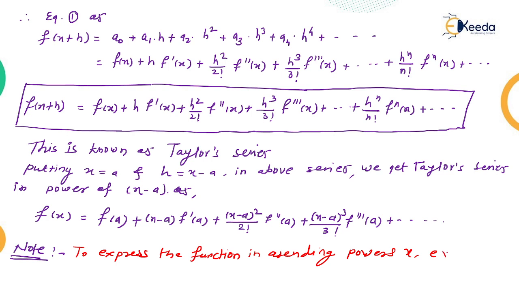Simply, guys, I hope you have understood this very well. What is Taylor's formula? What is the expansion of the Taylor series of f of x in powers of x minus a?